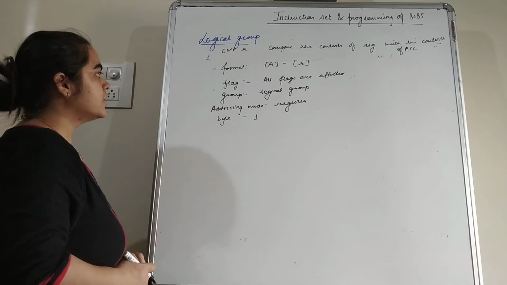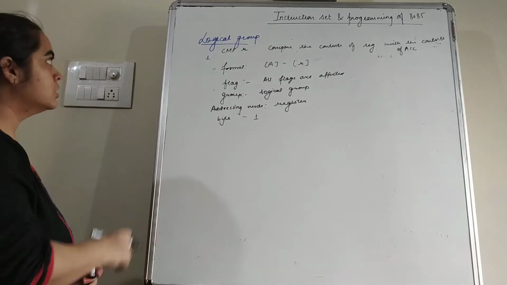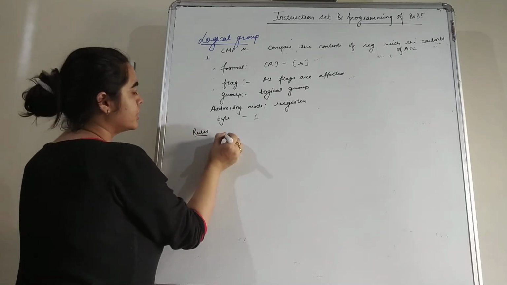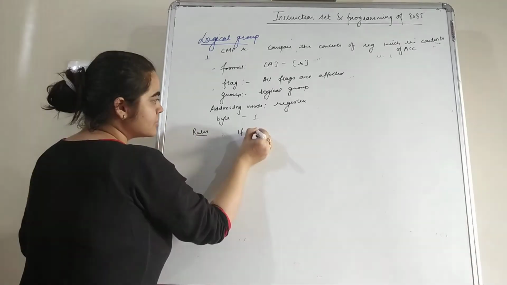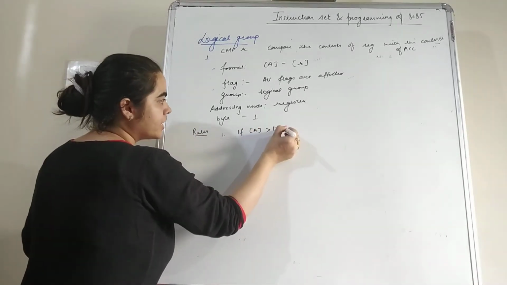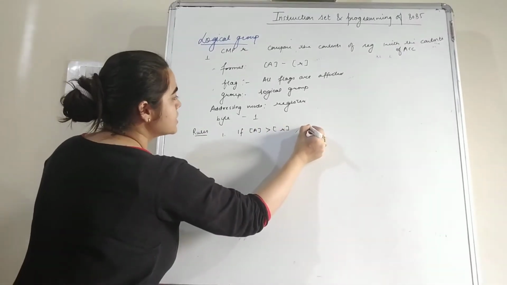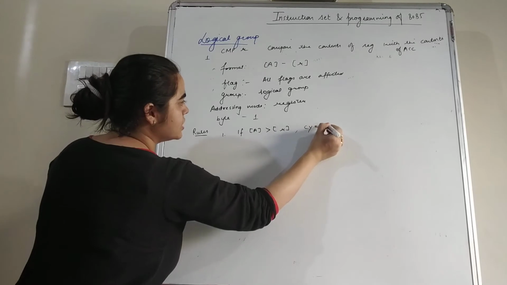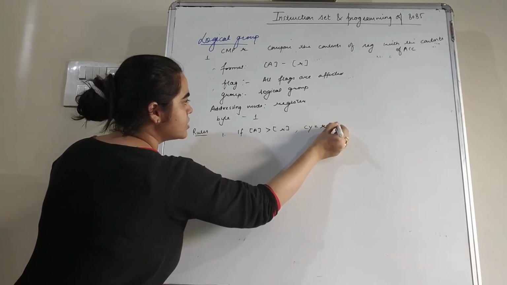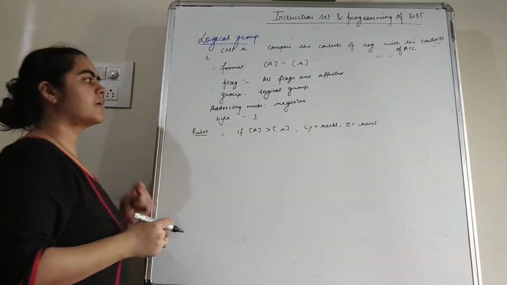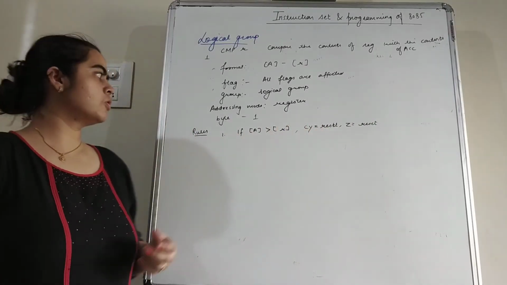Now we can see it with the help of an example. Firstly we can write the rules. The first rule is, if the contents of the accumulator are greater than the contents of R, then CY is reset and Z is also reset. Then we reset the value of the carry as well as the 0 flag.